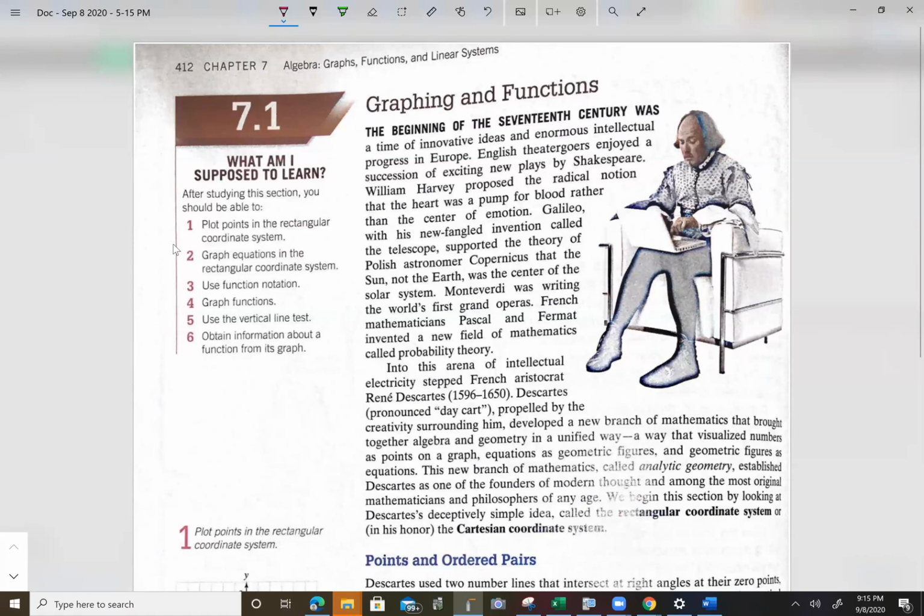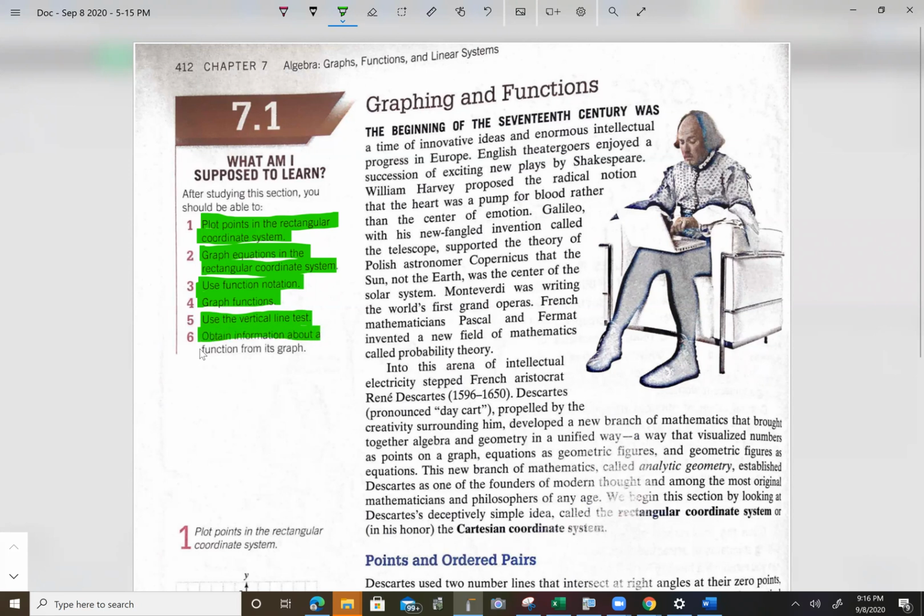But 7.1, let's go ahead and get started. There's going to be 6 things we're talking about. How to plot points on the coordinate system. So just kind of thinking back to first learning that in middle school, probably, graphing equations in the coordinate system, all different types of equations, using function notation, graphing functions, using the vertical line test so you can tell what a function is, and obtaining information about a function from its graph.